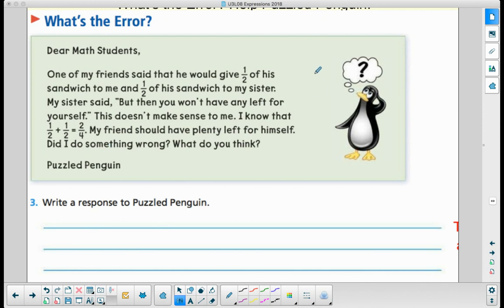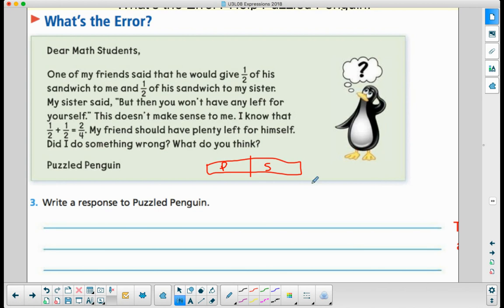if he says he has a sandwich and he's going to give half to Puzzle Penguin and half to his sister, the sister said he wouldn't have any left, and that's right. Puzzle Penguin said half plus a half should be 2/4. Well, wait a minute.